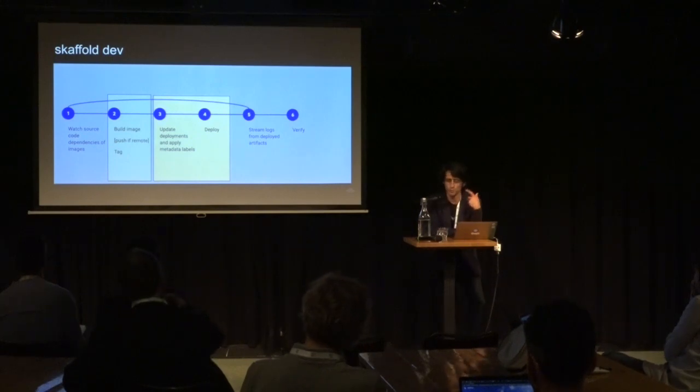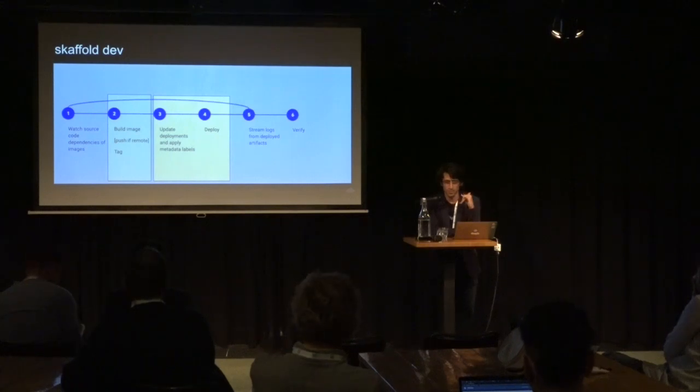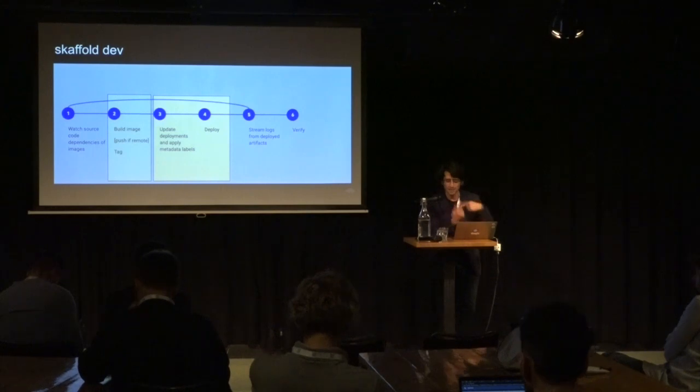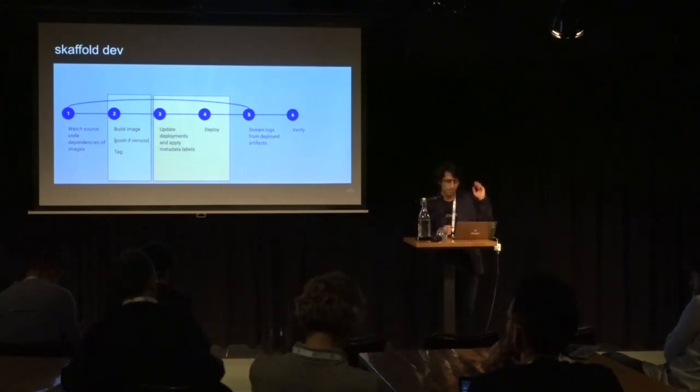So it watches your source code, and if there is a change in the source code, builds an image for you, and then deploys that to Minikube for you. And then when you change the code as you're typing, it keeps doing that. But it does much more than that.